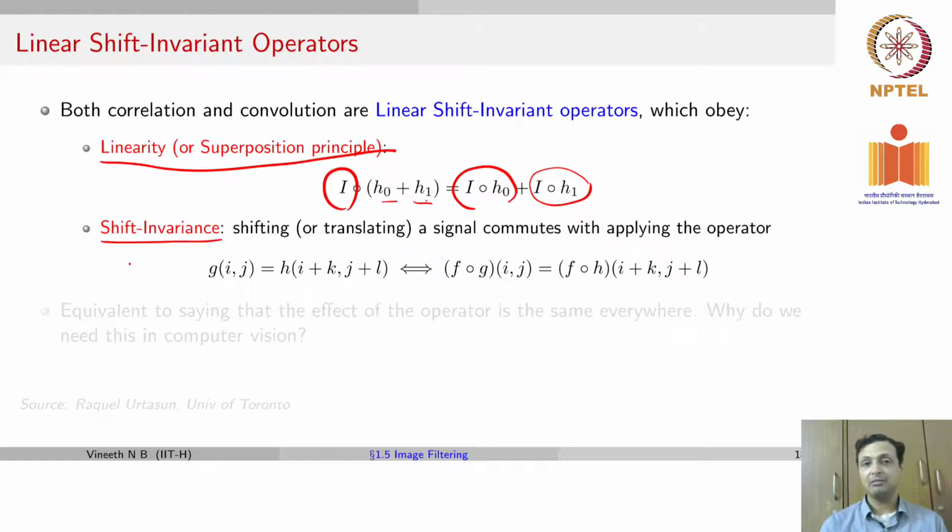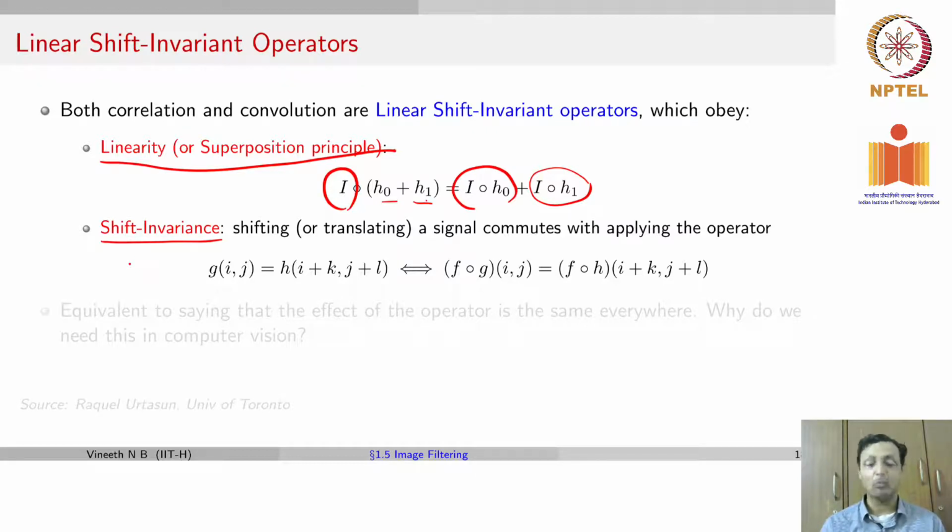The other property here is shift invariance. This is an important property, something that can account for why convolution is used to this day in deep learning and so on. It simply states that shifting or translating a signal commutes with applying an operator.